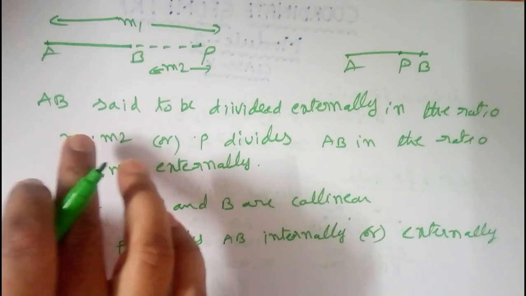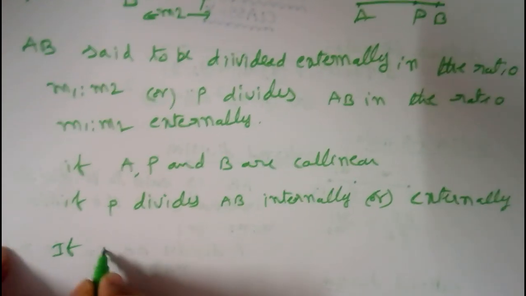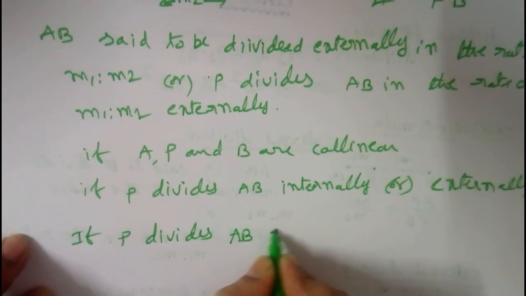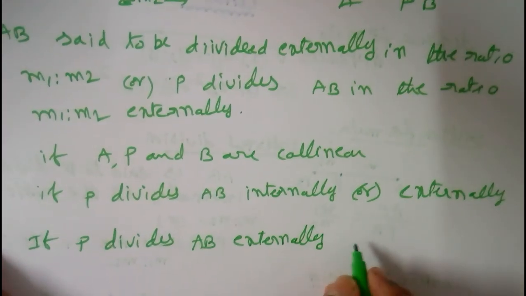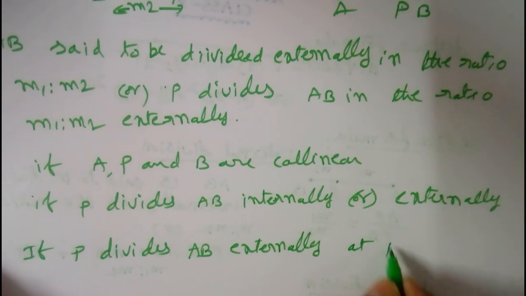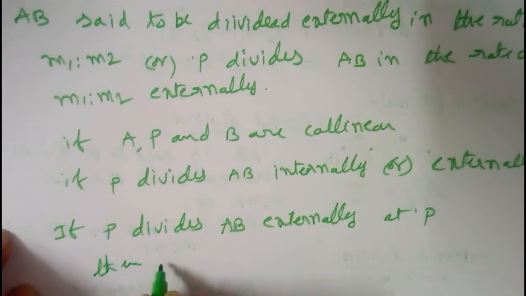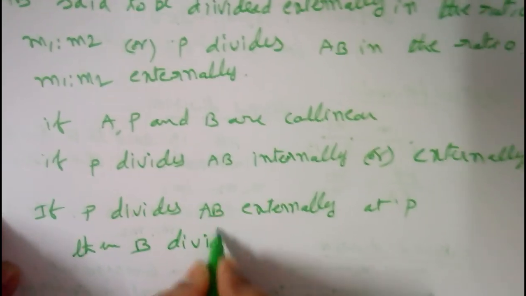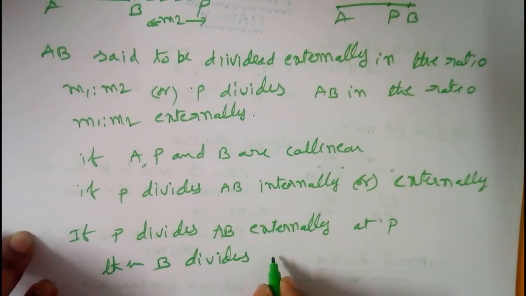If P divides AB externally at P, then B divides AP internally.